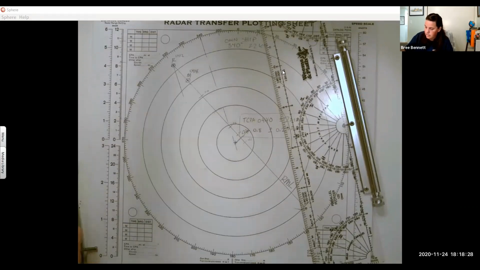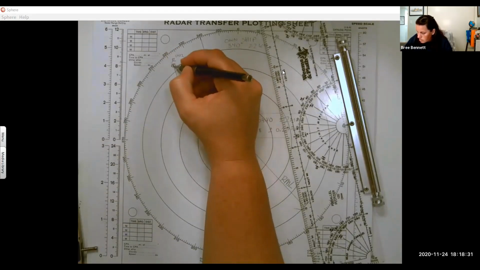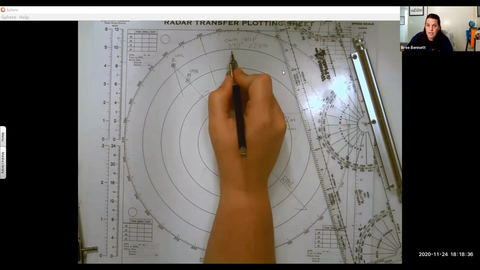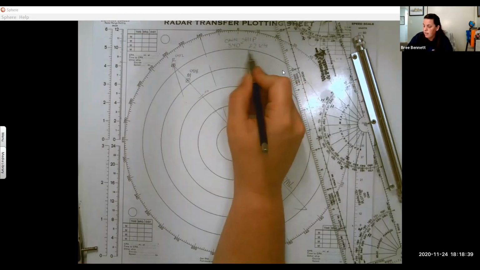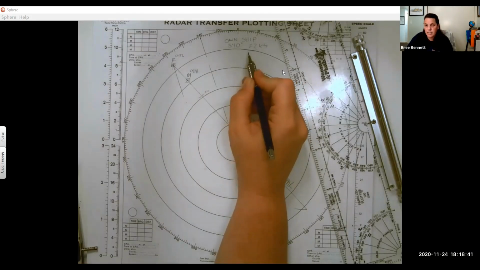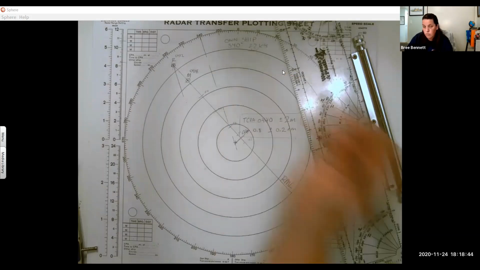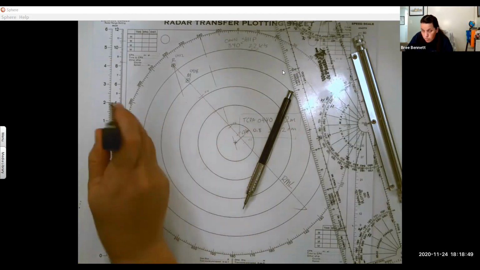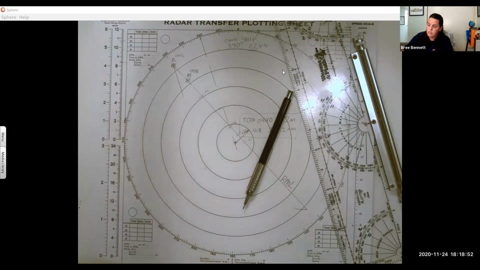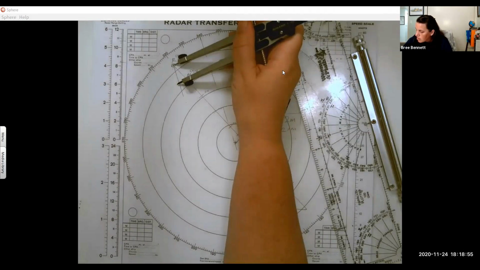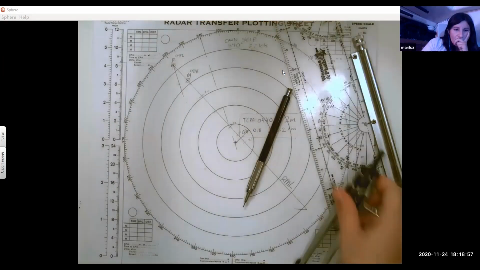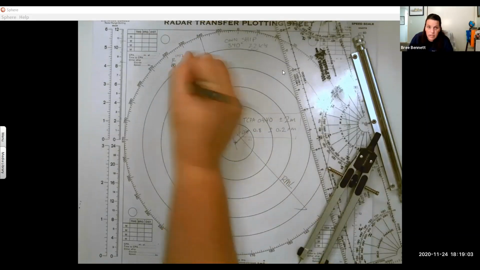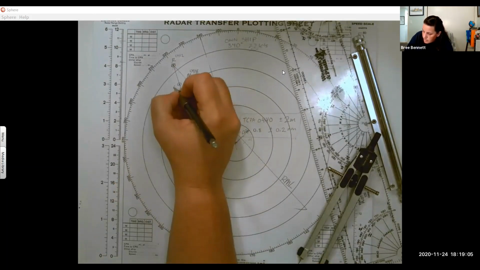So this direction of the line that I just drew is 340, and that's my own ship. Then I need to put in my speed. So how far am I going to travel in 6 minutes? Move the decimal over 1, and you get 2.2. So I'm going to find 2.2. And I get the other point of my triangle, and that is E.